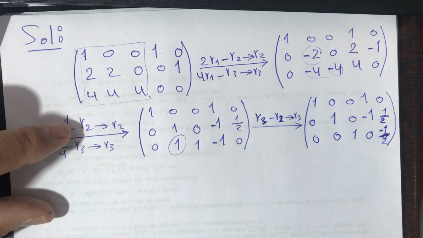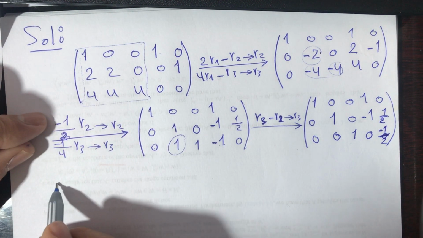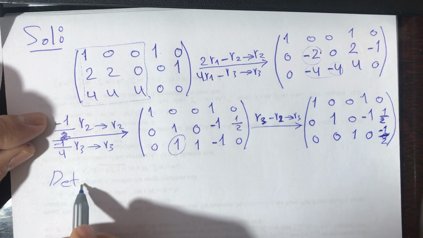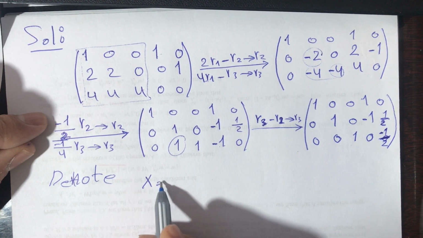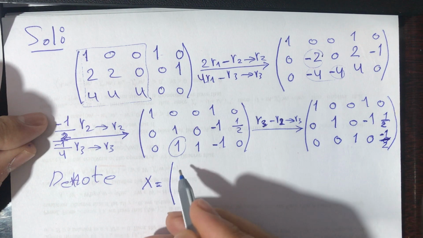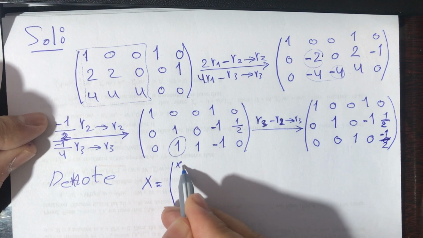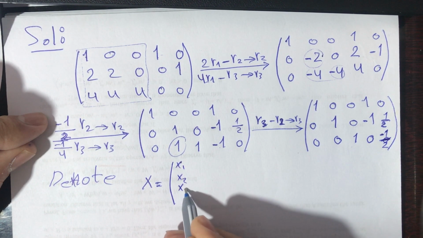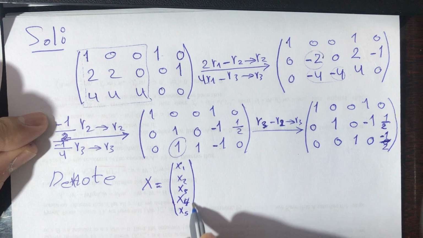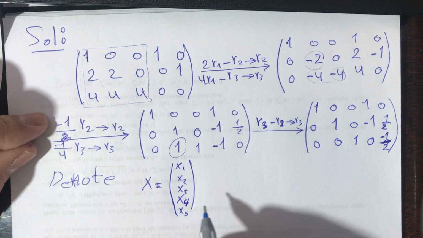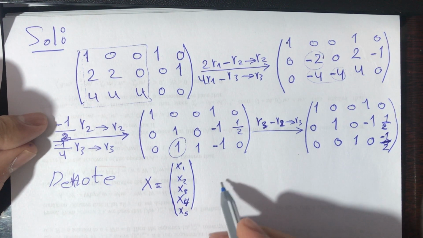So denote x equal to x1, x2, x3, x4, and x5. This is x.